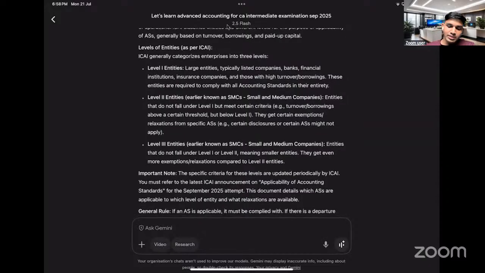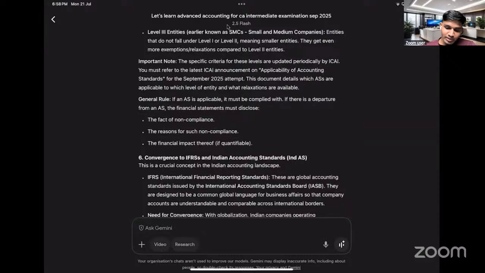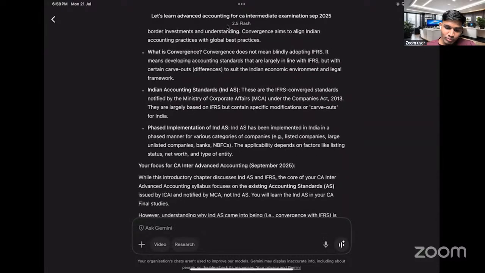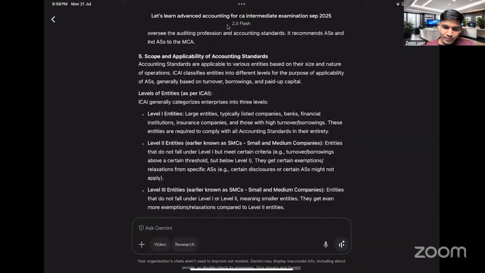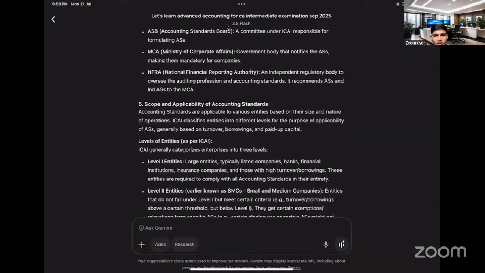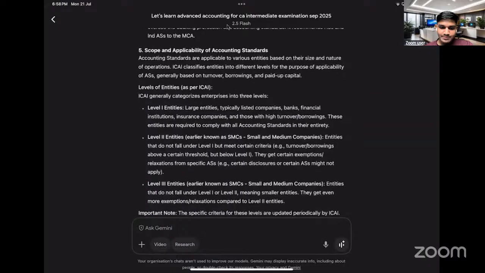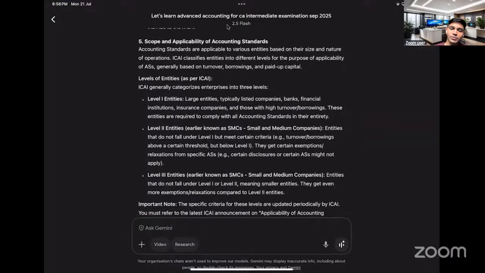So this Gemini may not have properly given the categorization of entities for the scope and application of accounting standards.